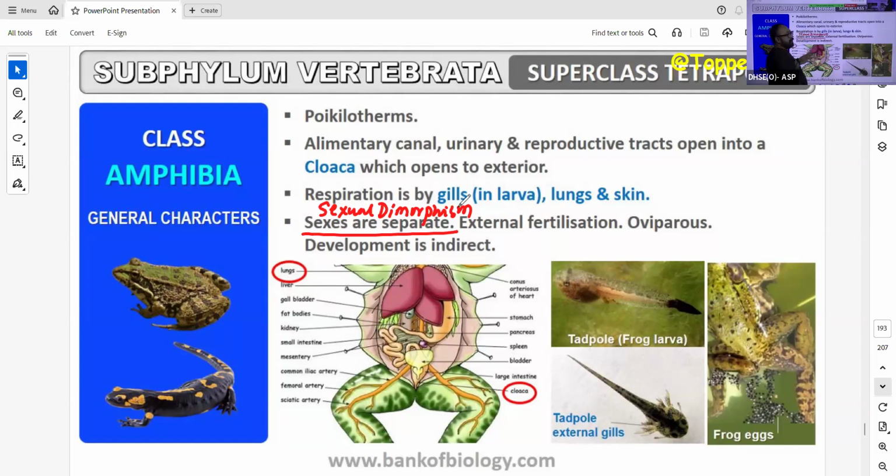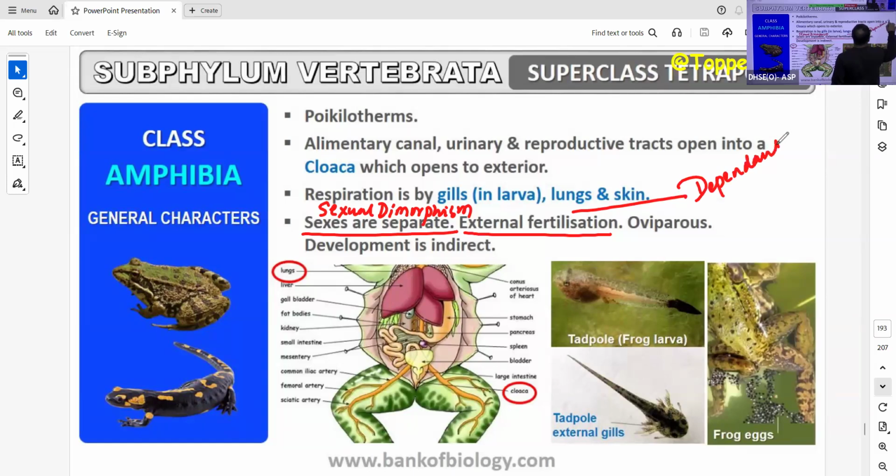The same happens in the case of amphibians, since they show sexual dimorphism or are unisexual in nature. So they also prefer cross fertilization. But fertilization is external in nature, in water. This is the dependency, which is why they are amphibians.